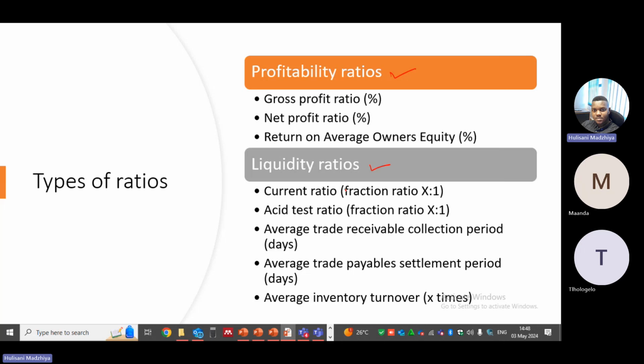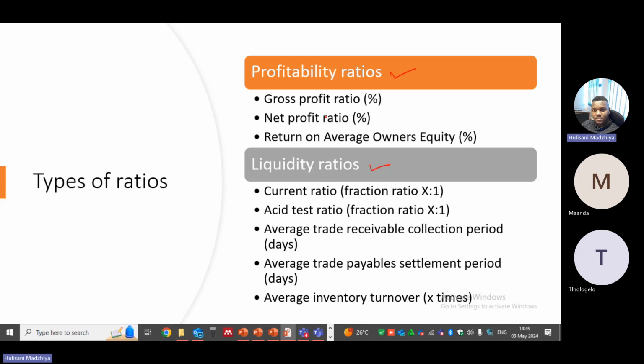Liquidity refers to the ability of the company to meet its short-term obligations. Here we assess whether the company is utilizing its resources well to always have cash available in hand, and also not to have its debt in excess of its assets. Those are what we'll be assessing in terms of the liquidity ratios.